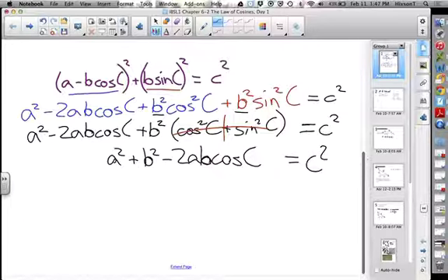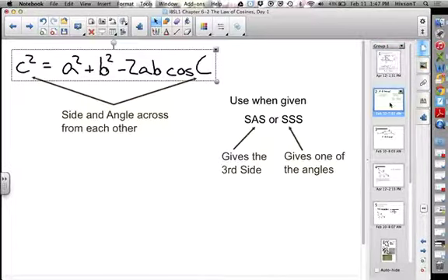Okay? Notice you have all three sides and one angle involved in this formula. So you either have to know two of the sides and the angle in between, side angle side, or you have to know all three sides and you can then figure out one of the angles. Okay? I'll give it to you in a little neater format right here.